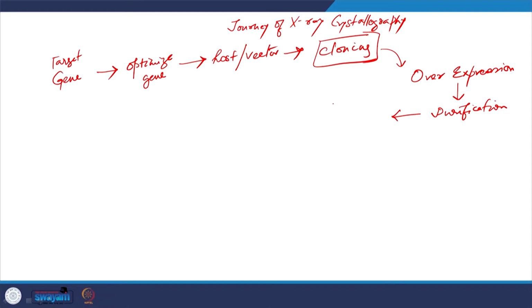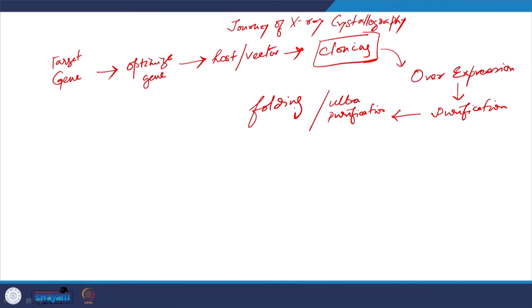One, ultra purification. Second, folding, because if the protein is not folded, you are not going to get a crystal. So, this is the process which is common to most of the structural technologies. We are going to discuss after that.